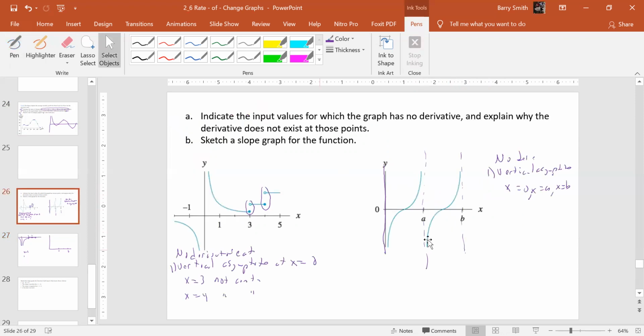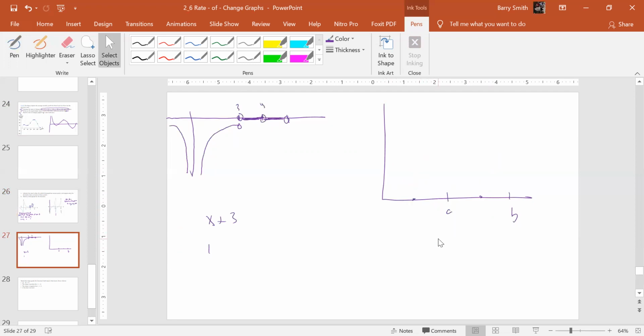And this was increasing, very steep here, very steep here.